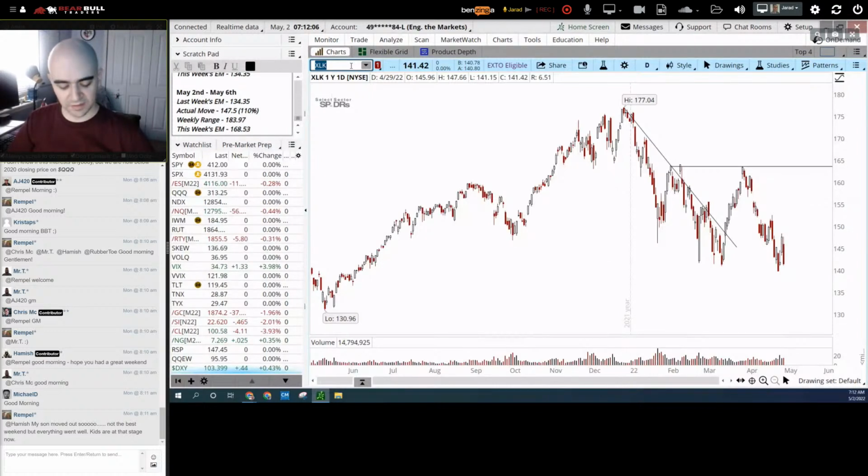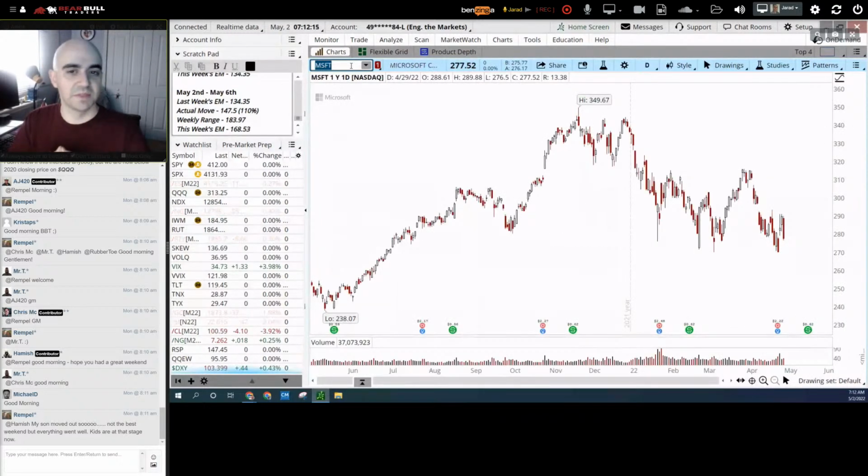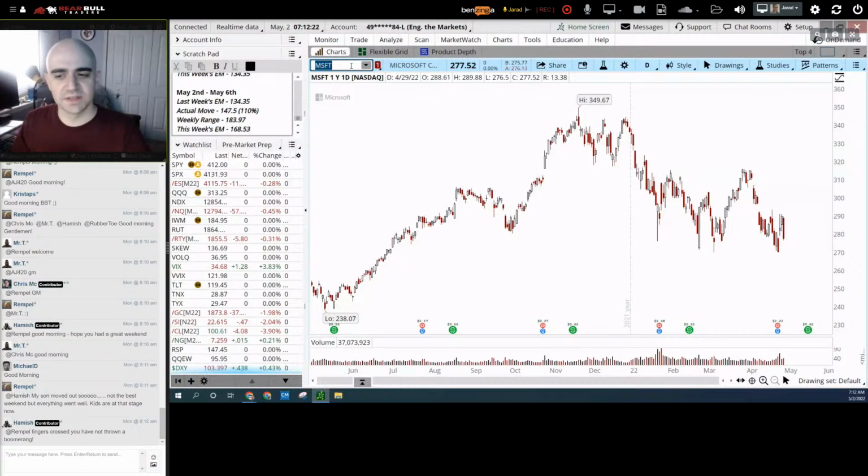XLK, of course, the key one in regards to tech. We saw the likes of Apple and Microsoft report last week. A lot of those earnings were relatively strong from the perspective of the company, but of course, perspective is based on guidance and also the actual reaction into earnings. Microsoft with a slight gap up after earnings, giving some of that back on Friday.